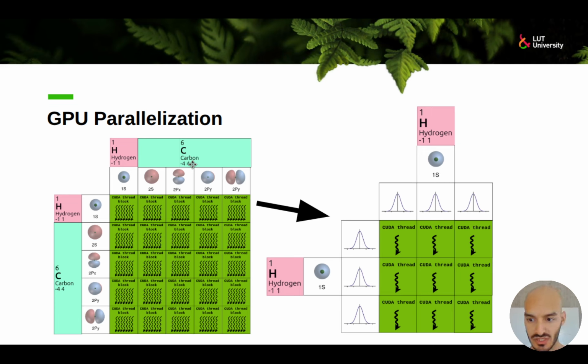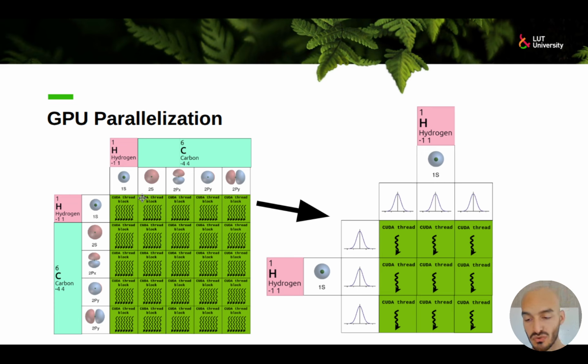A GPU uses a grid block thread hierarchy of parallelization, which means that when you write a GPU program, you have a three-dimensional grid which is consisting of three-dimensional blocks. Inside blocks there are threads. So grid block thread.